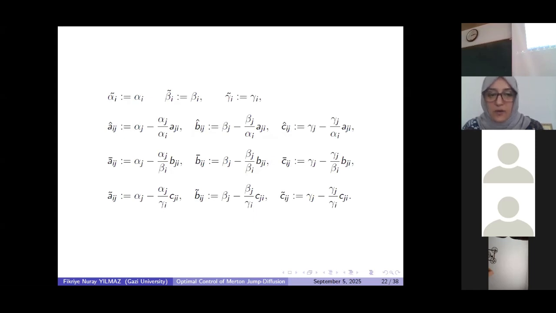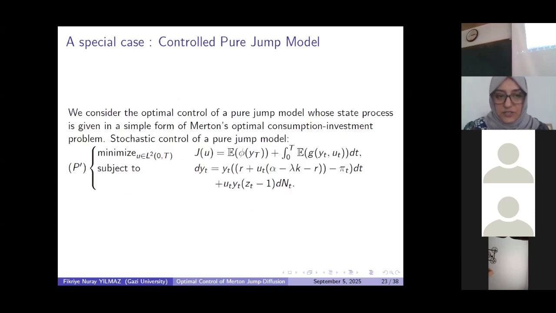Also, the coefficients of the Runge-Kutta scheme for adjoint variables have some relation to the coefficients of the state equations. I'm going to show you a similar optimality system for the pure jump model also.